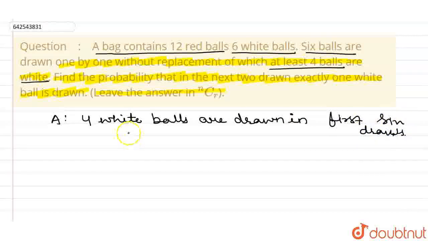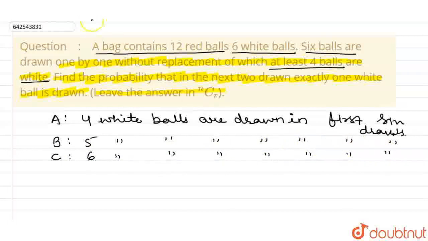Similarly, because it is said at least 4 balls, in case B, 5 white balls are drawn in the first 6 draws. Similarly, case C: 6 white balls are drawn in the first 6 draws.